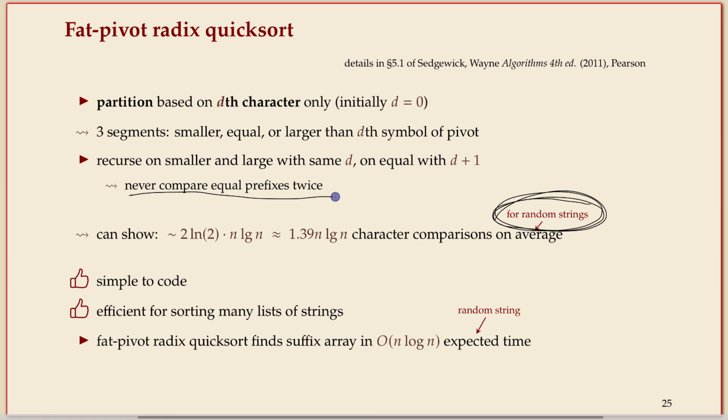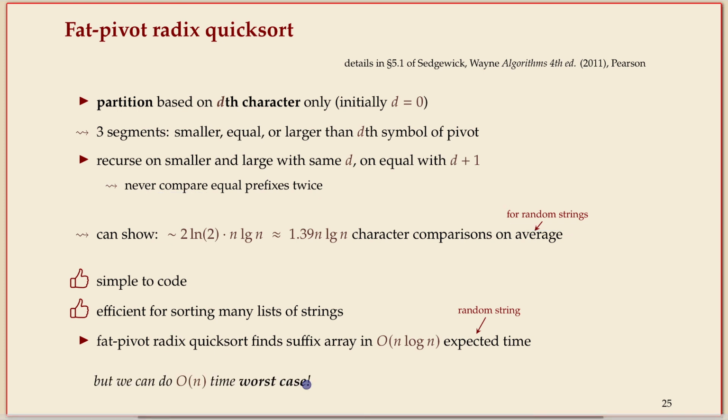So in a sense, the algorithm is still doing almost as well as is possible in this case, because a sorting method, if it's given arbitrary strings, will have to find out which strings have a common prefix to sort them. So it's a good algorithm to sort lists of strings, and it's quite efficient for many types of texts to suffix sort.